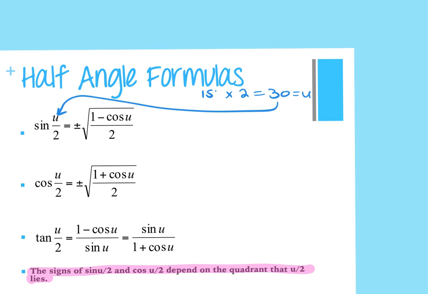And when we find the sine, we're going to use this whole formula, but then at the end, to figure out if it's supposed to be positive or negative, we go back to the original angle, which in this case is 15 degrees. Where is 15 degrees located? Well, 15 is not one of my special angles, but what quadrant is it located in? First one. And what is the sign of sine in the first quadrant? Positive. So I would pick the positive there.